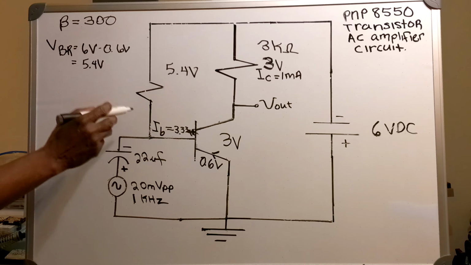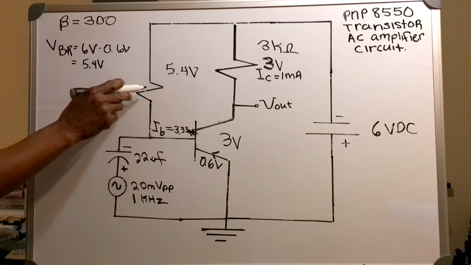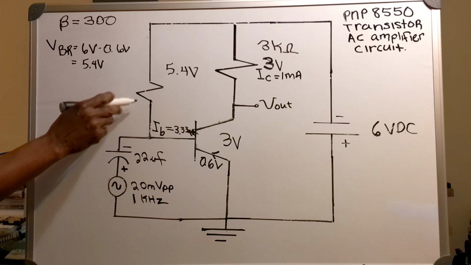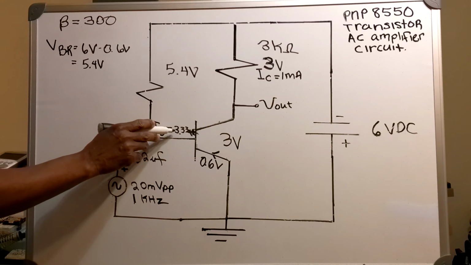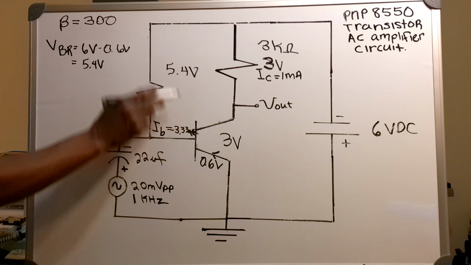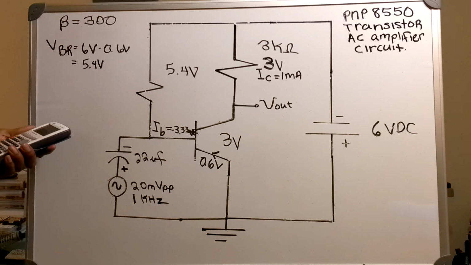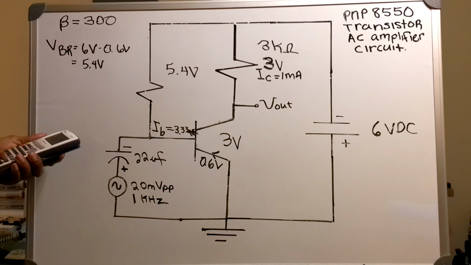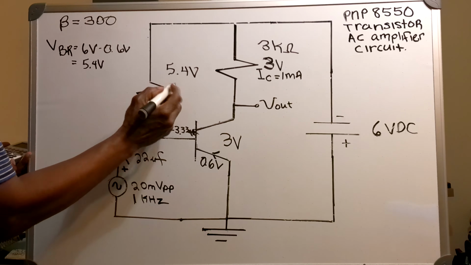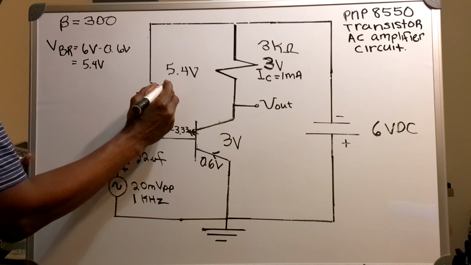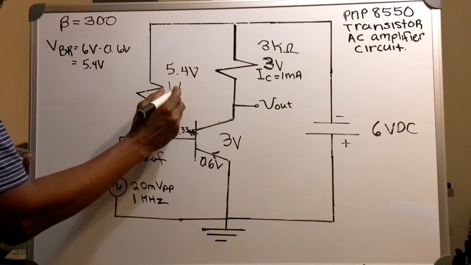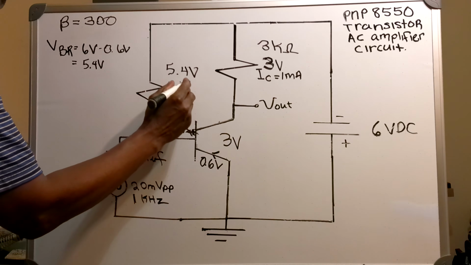Now I will find the value of my base resistor by dividing 3.33 microamps into 5.4 volts. 5.4 divided by 3.33 microamps, and that gives me 1.6 megohms.